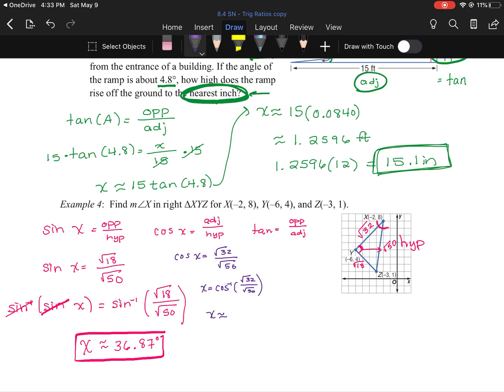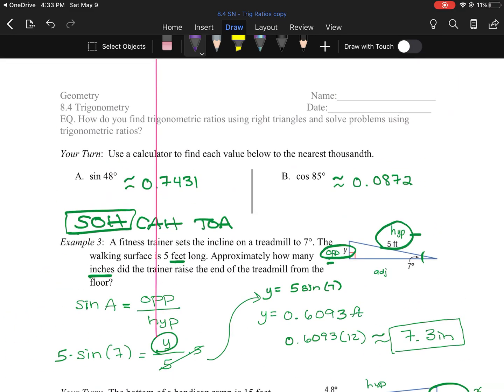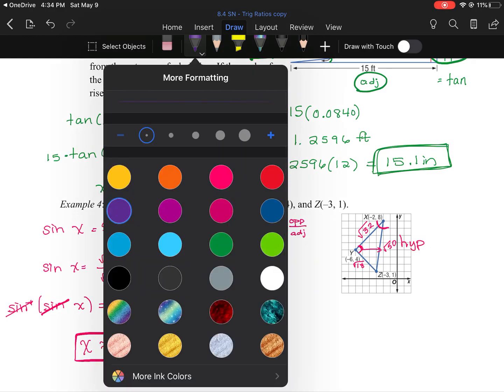And x is approximately, let's type this in, so cosine inverse, square root of 32 divided by square root of 50. When you type in the square roots, don't forget to hit the right arrow over, so that way you don't keep putting things under one great big radical. And we get 36.87. Again, exactly the same.